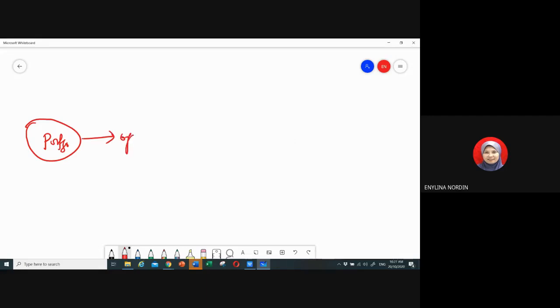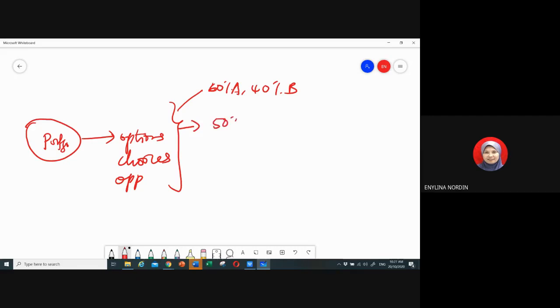Options ataupun choices ataupun opportunities yang available to the investors adalah not necessary to invest 60% in stock A with the weightage of 60, 40% in B, right? They also have another choice to invest 50% in A, 50% in B, right?